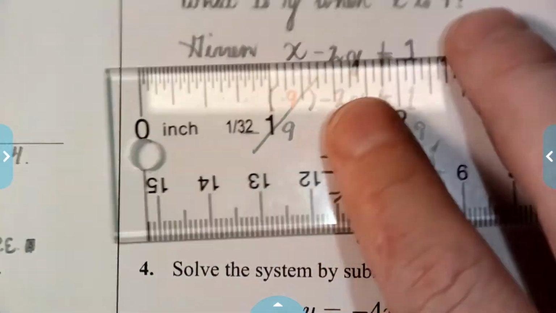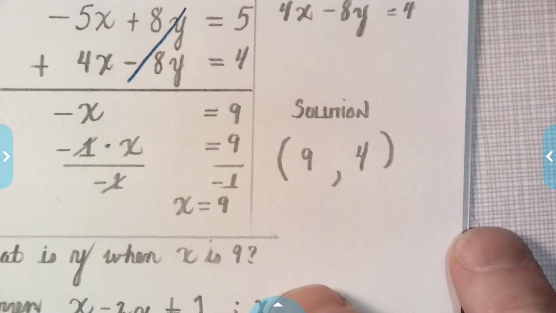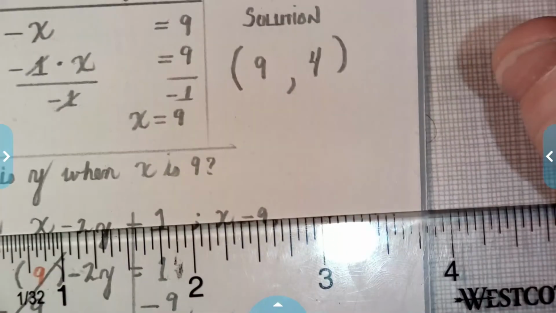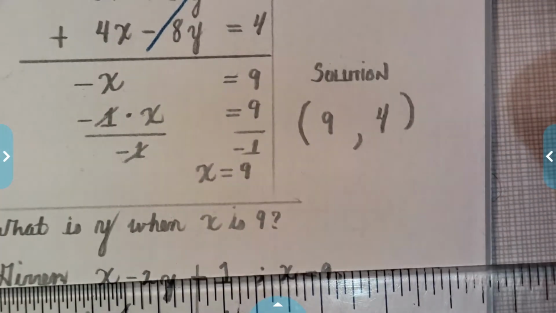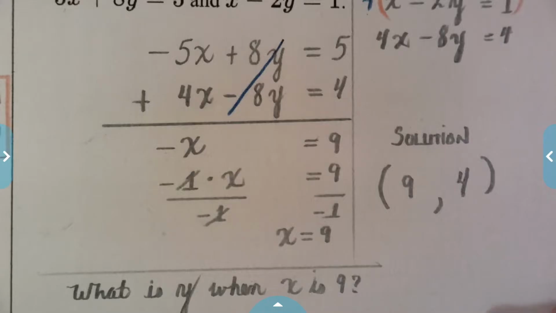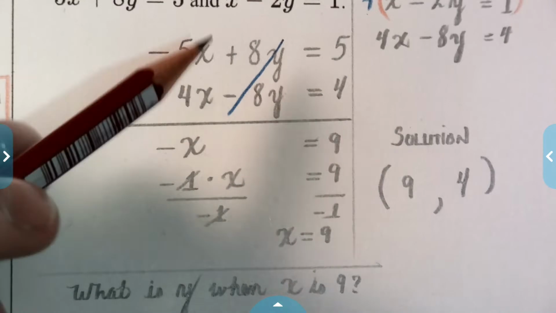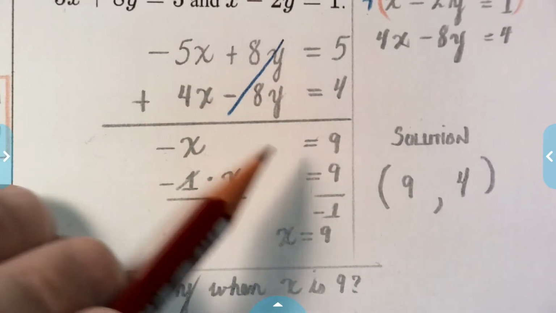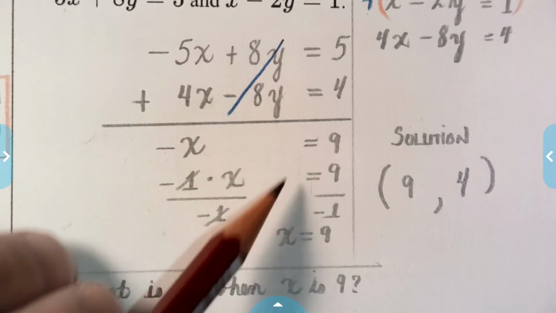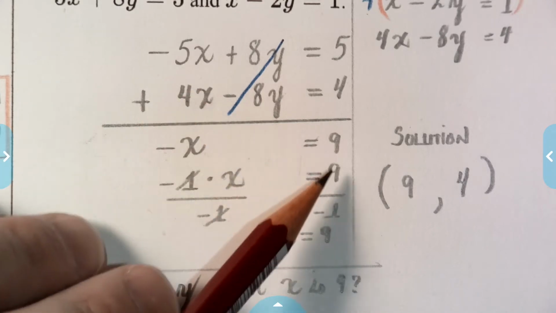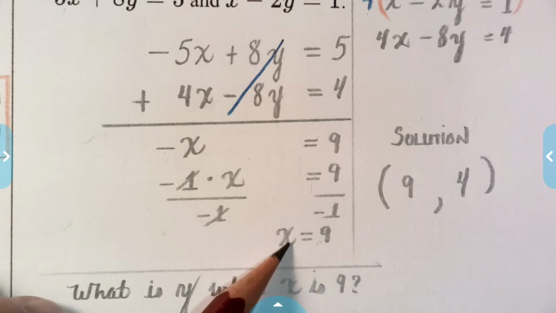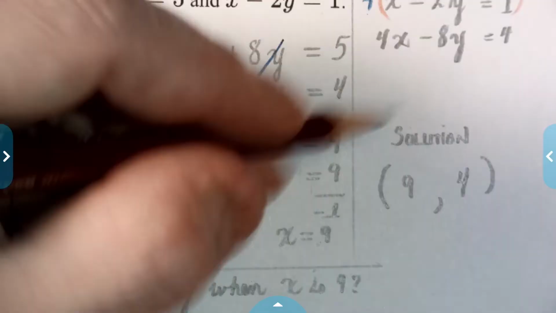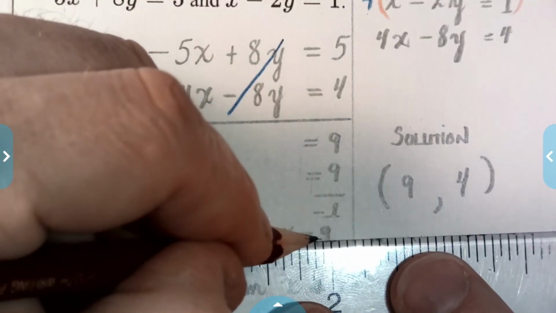So now there's my solution up here, 9 comma 4, the intersection point of those two lines. Okay? And folks, I see I made a mistake here. Most of you probably caught it and you're screaming at the screen. Back here, I literally was explaining why x is negative 9, but then I wrote down x equals 9 instead of negative 9.